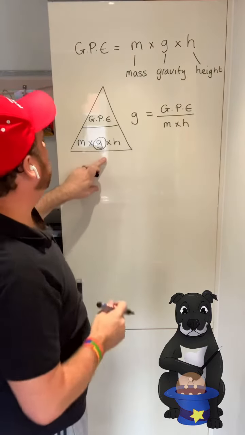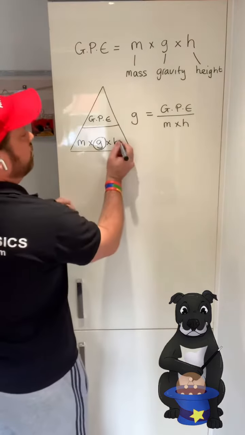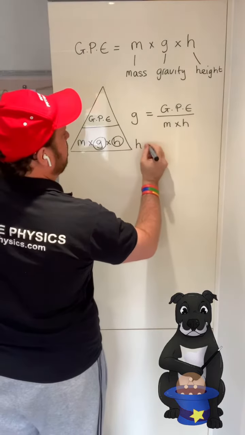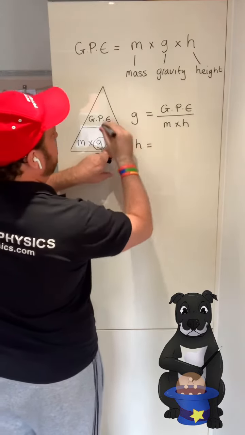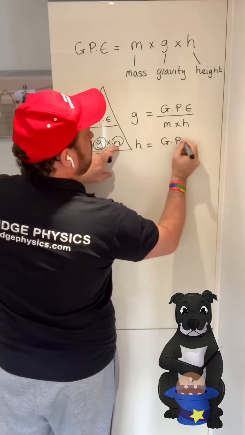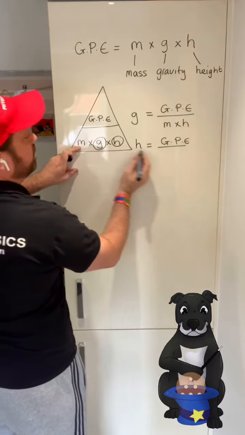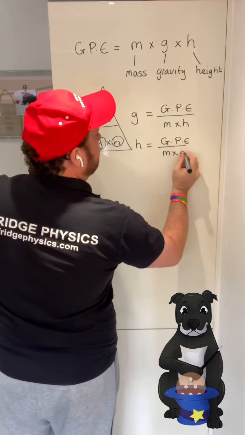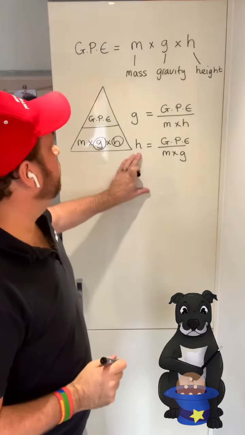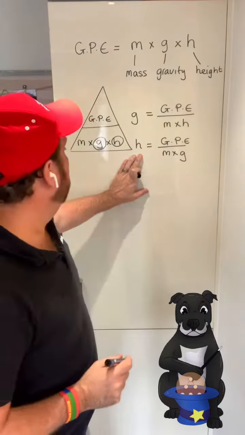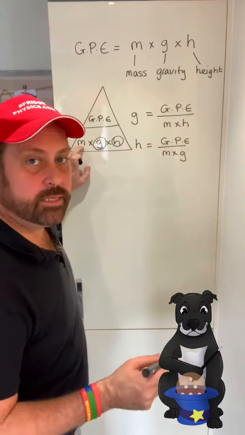Now, if you wanted to calculate the height, all you would do, H equals, where you're left with GPE on the top, divided by, you're left with M times by G, so it's mass times by gravity. So that's your equation where height is the subject. But what about mass? Well, it's the same.